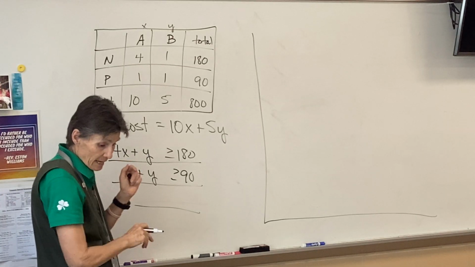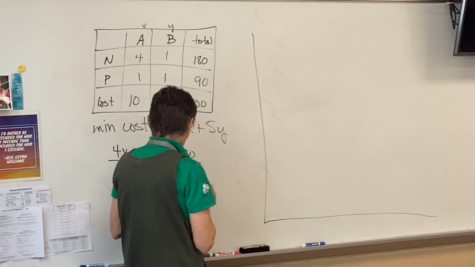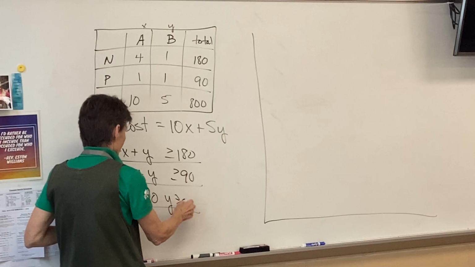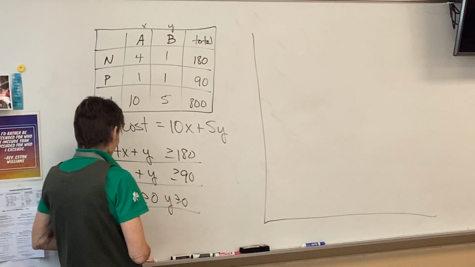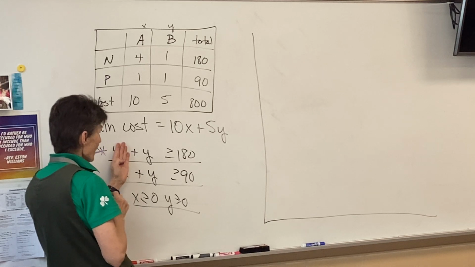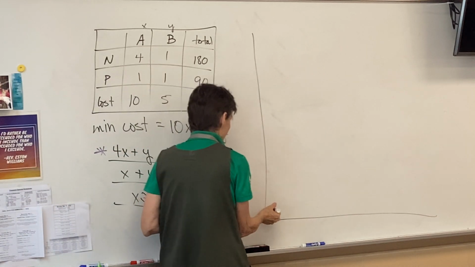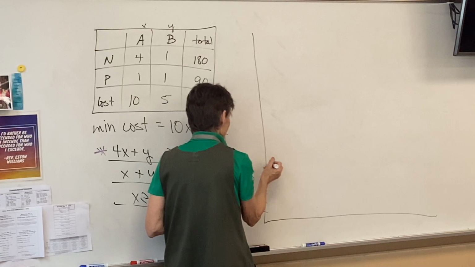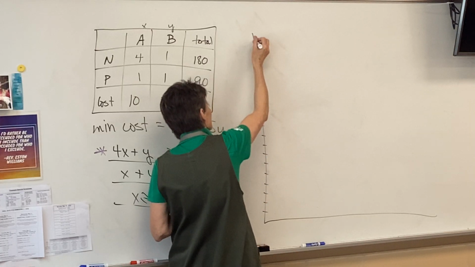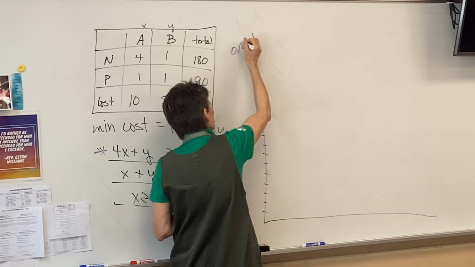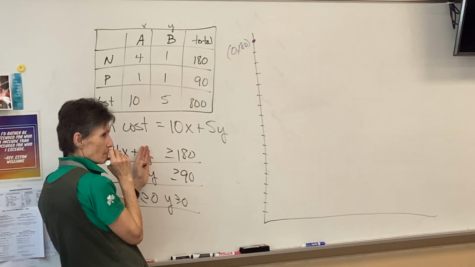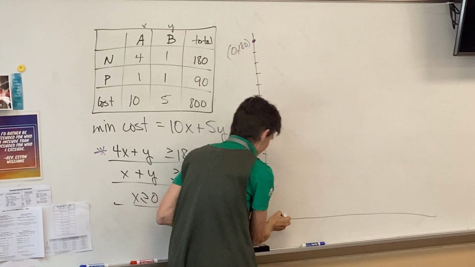All right, so we got a scale of 10. Oh, and of course they have to be positive. All right, so here we go. Let's do this one over. If I cover up x, y is 180. So 1, 2, 3, 4, 5, 6, 7, 8. If I cover up y, x is 45.